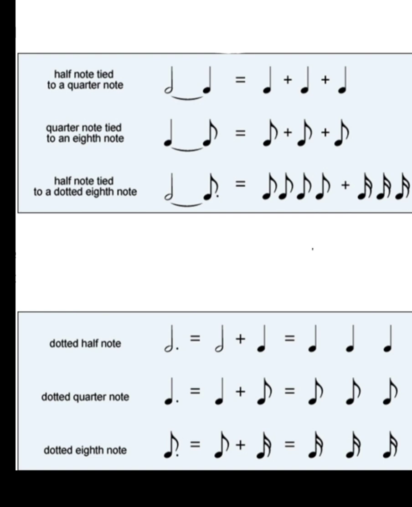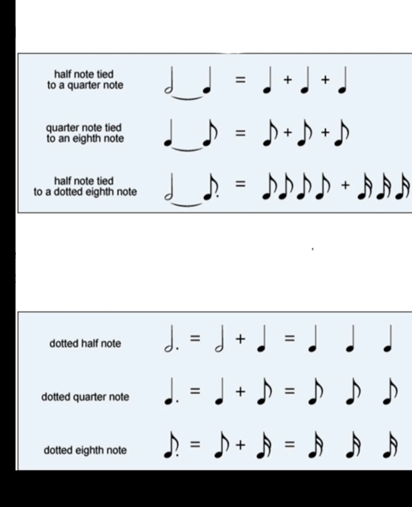Next, we are going to see the dotted notes. The first one is the dotted minim or dotted half note, which has the value of 3 beats. Minim beat plus 1 crotchet beat is equal to 3. So dividing into 1 plus 1 plus 1 is equal to 3. Dotted crotchet, which has the value of 1.5 beats. So here we are using 1 crotchet beat plus 1 quaver, 1 plus half.